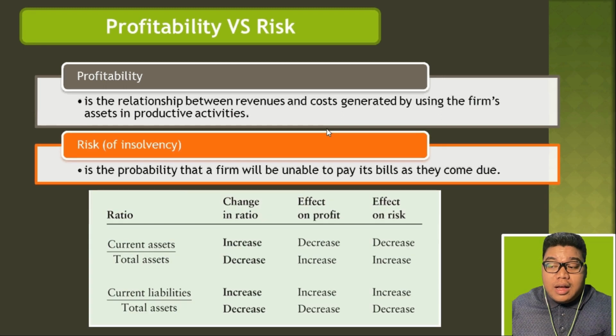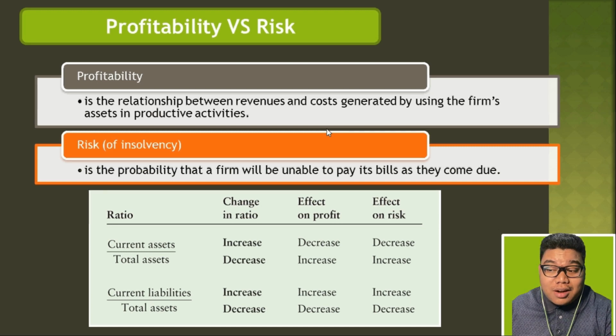So when our current ratio increases, the profit would decrease because we have too many current assets invested in our company, but the risk of insolvency also decreases because we have too many funds available for our lenders or creditors to make sure that the liabilities are fulfilled.